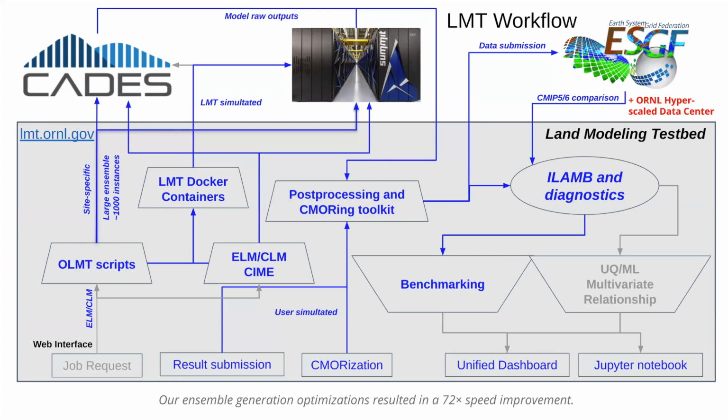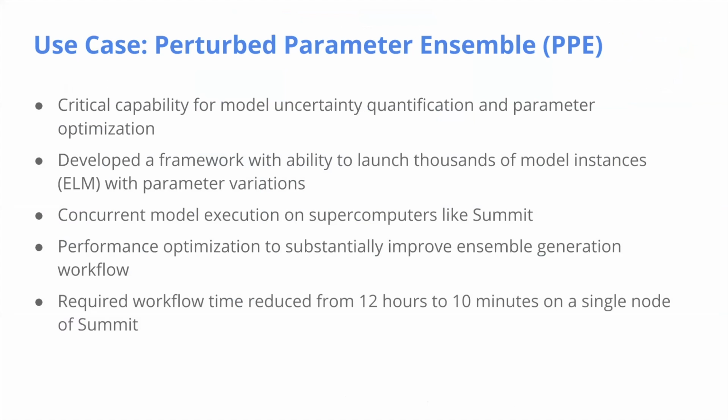Our premier use case is this idea of a perturbed parameter ensemble. The idea there is that we need this capability to do many thousands of model simulations where we're tweaking parameters in order to understand the sensitivity of the model to those parameters, which tells us how well we need to measure them, and to develop an optimized suite of these parameters so that our results compared with the ILAM are the best they can be out of the land model.